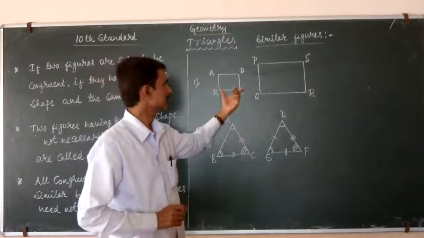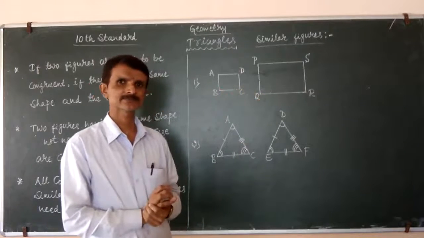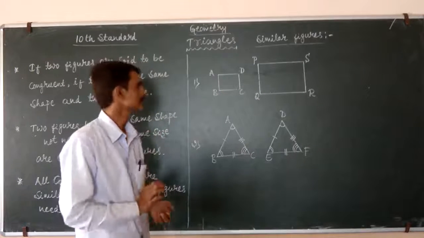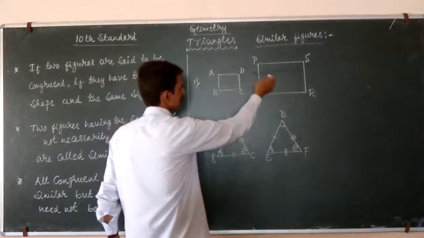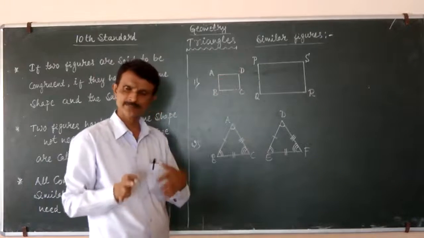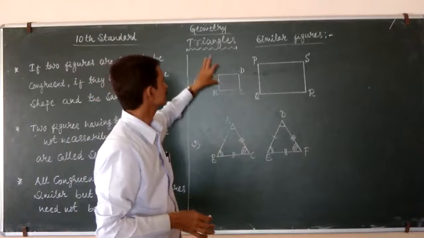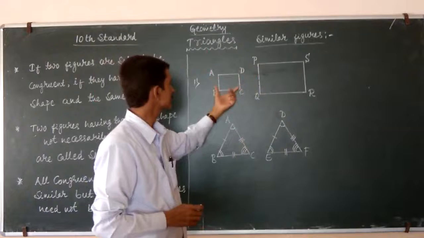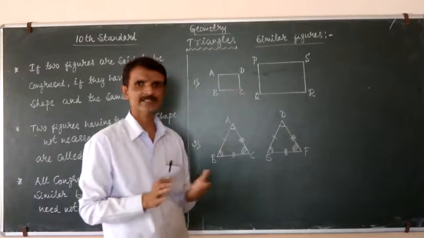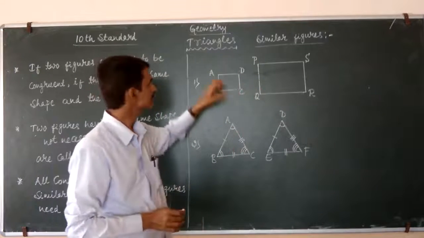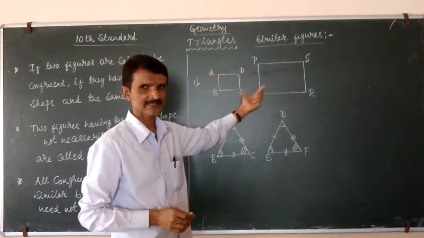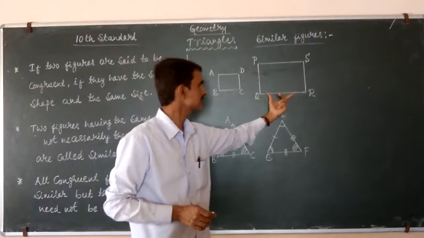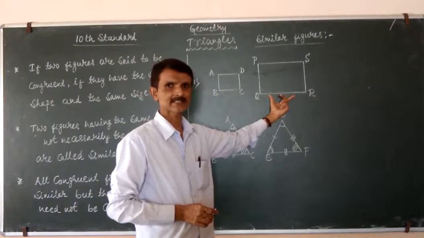Students, can you identify the difference between these two rectangles? Even though these two are rectangles with the same property, the shape is the same, but their sizes are different. This one is smaller than this rectangle.